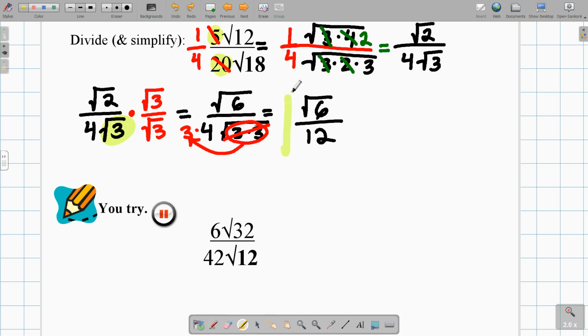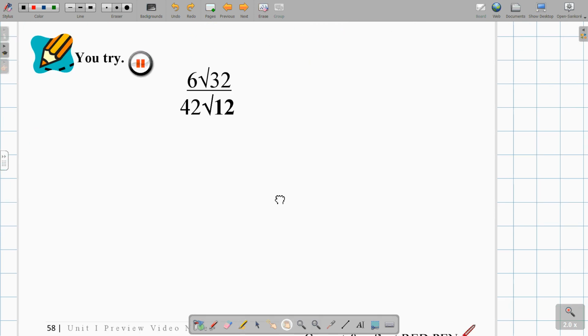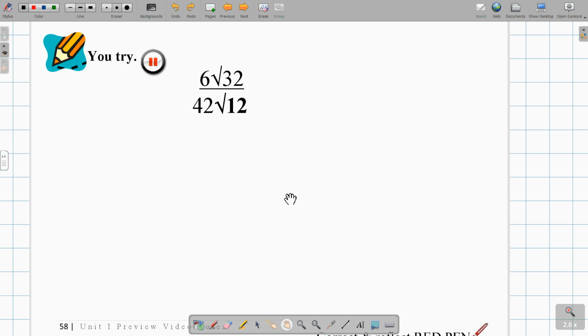And then I have down below 4 times 3. 4 times 8 is 32. 4 times 3 is 12. The 4's cancel. Now 8 and 3 do not mingle at all. There's nothing else you can factor. So ready? There's your outies and your innies. Root 8 over root 3.